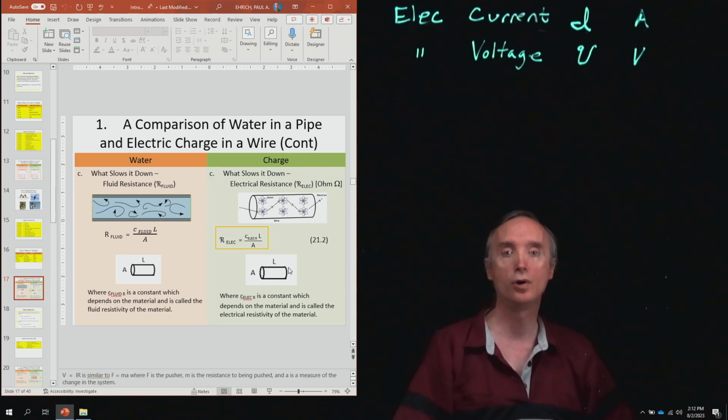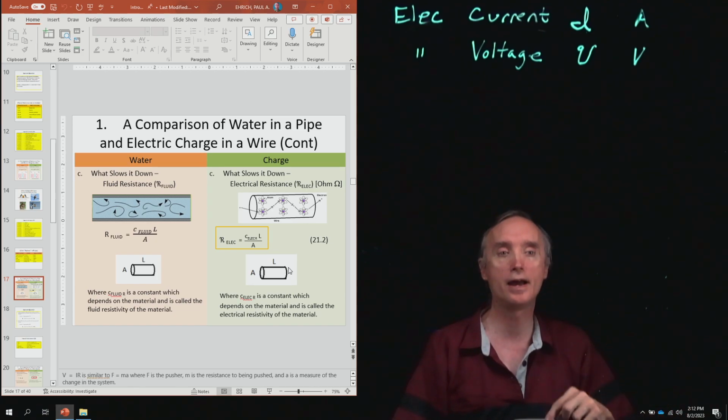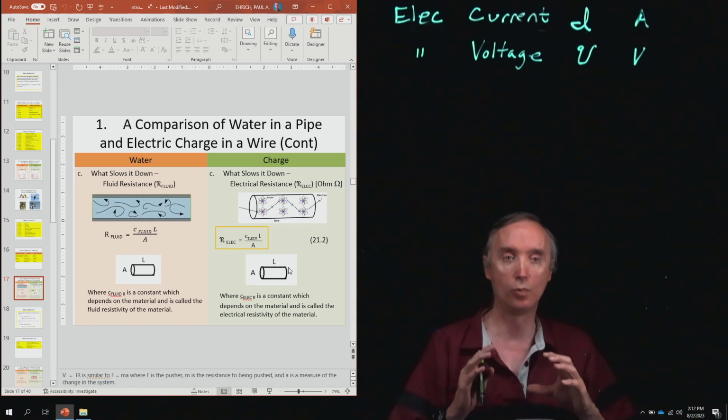So now we want to talk about what is going to slow down the flow of the electricity in a wire. In order to understand this, let's go back to the water in the pipe analogy.